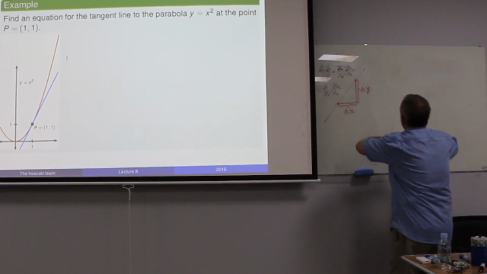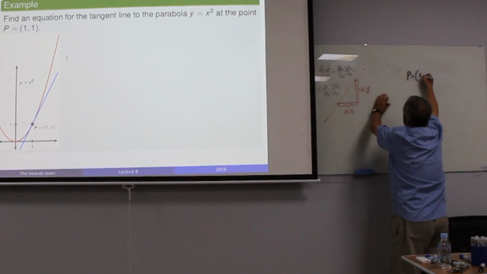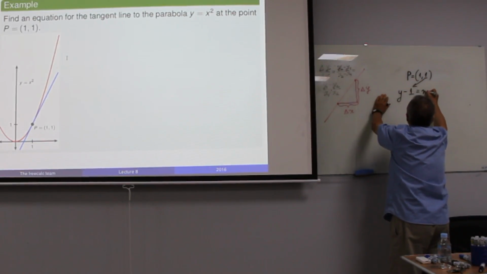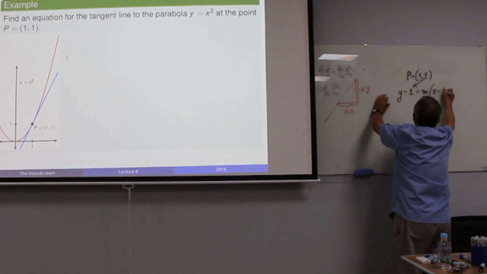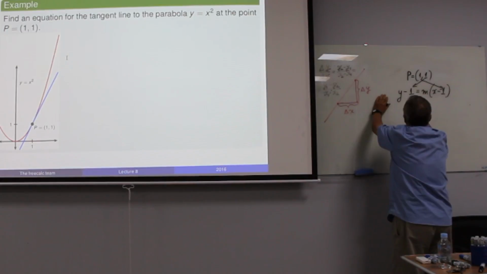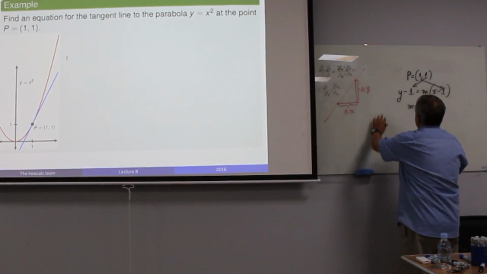Okay, so we said the point P from the plot is 1, 1. So the tangent line has to be y minus 1 equals M times x minus 1. And then we found that M should be something like 2, very close to 2.